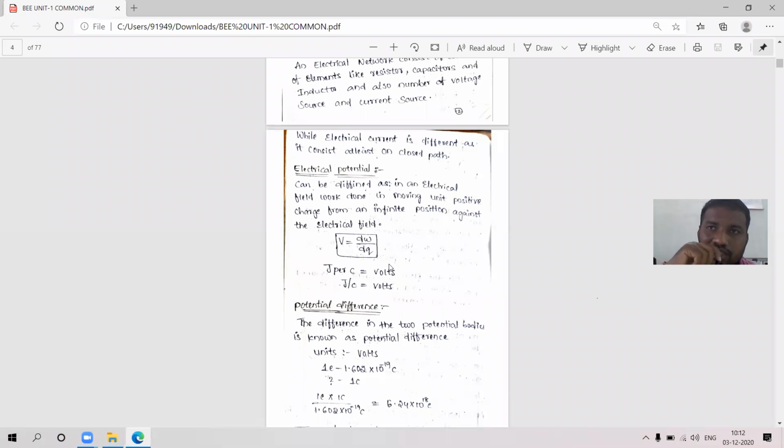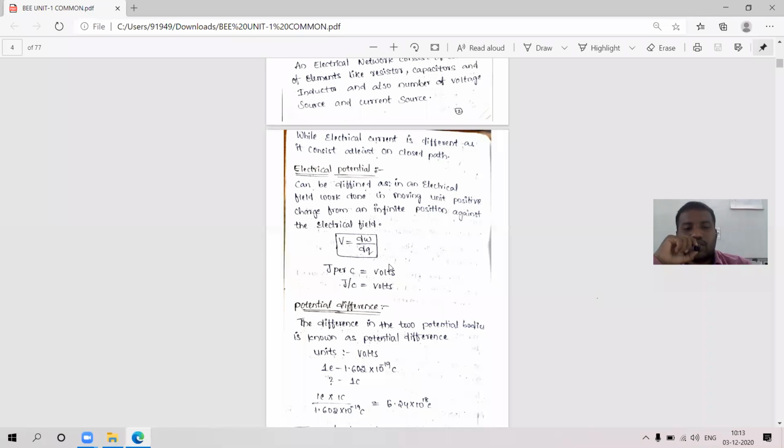The electrons and charge carriers attracted towards the positive terminal, moving, is nothing but some work done. That is electrical potential. We bring the unit to positive charge: V is equal to dw by dq, the work done in moving a point charge.